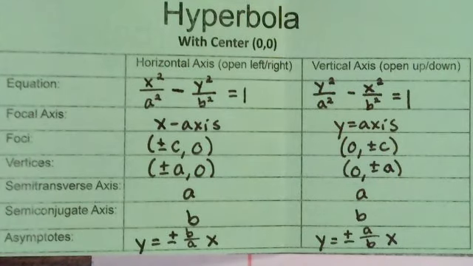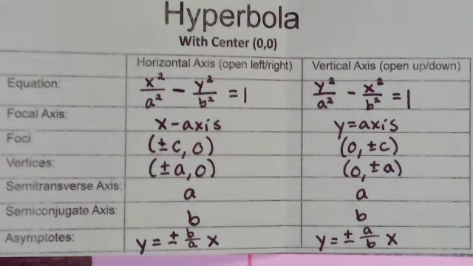Remember how we've said that A does not have to be more than B. It can be, but it doesn't have to be. So how do we know the difference? The difference between the two different situations is to look at what's positive and what's negative. That's probably your best bet here.